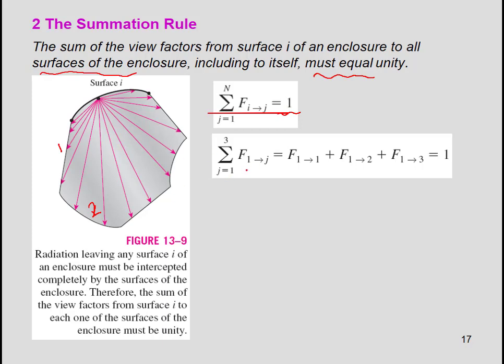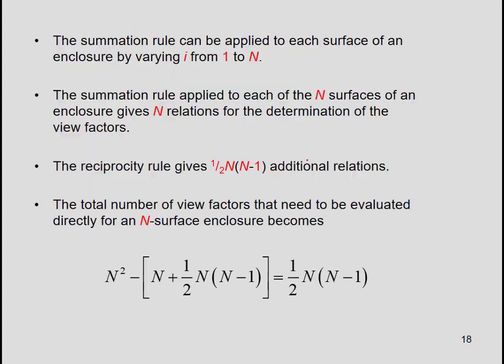For example, if we have 3 surfaces in an enclosure, we can write F11 plus F12 plus F13, where F11 is surface 1 to surface 1 itself, and it should be equal to 1. This is another equation which we use to find the view factors for different surfaces.